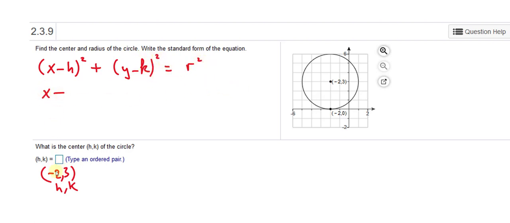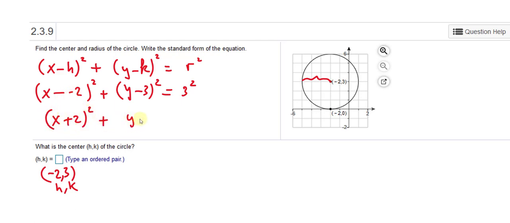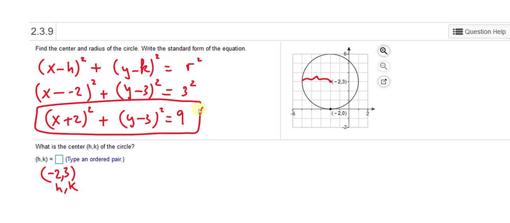We know that h is minus 2, k is 3, and r is the radius, so this is the radius, 1, 2, 3 units, so 3 squared. Minus minus becomes plus, so (x plus 2) squared plus (y minus 3) squared equals 3 squared, 3 times 3 is 9. So this is the equation of the circle.